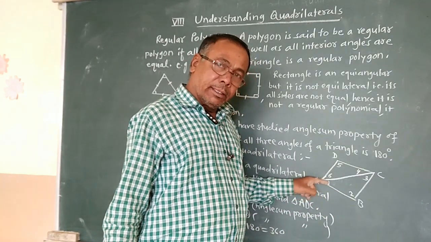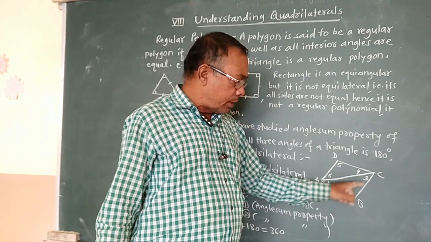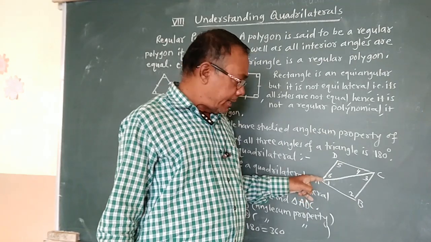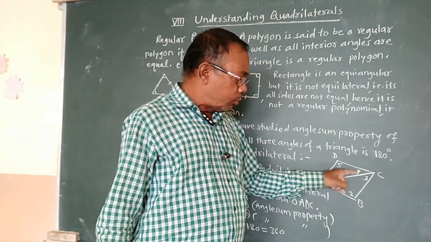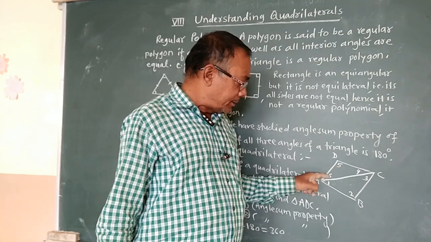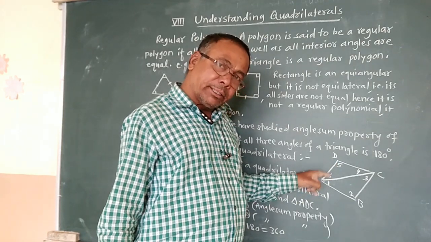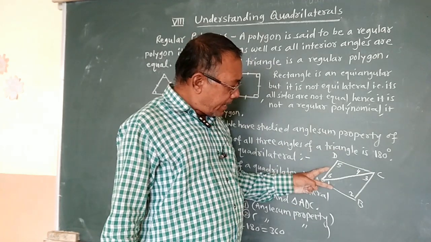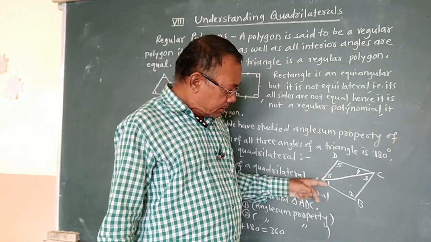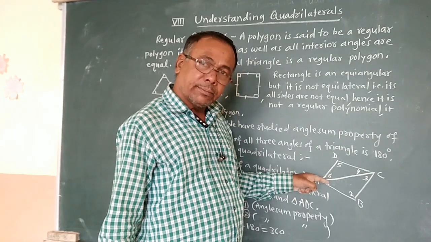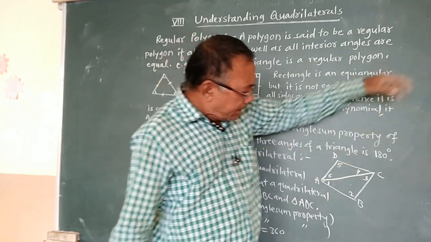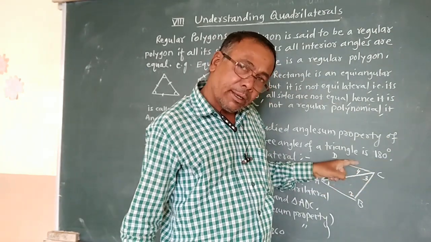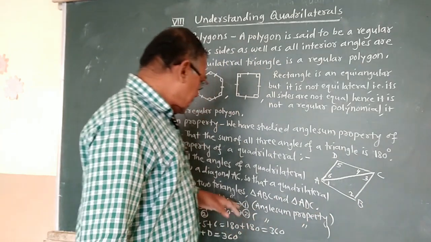Angle A is 1, angle B is 2, angle C is 3. Then in the other triangle, angle C is 4, angle D is 5, and angle A is 6. Here we know that angle A of the quadrilateral is the summation of 1 plus 6. Similarly, the measure of angle C is the summation of angle 3 and 4.